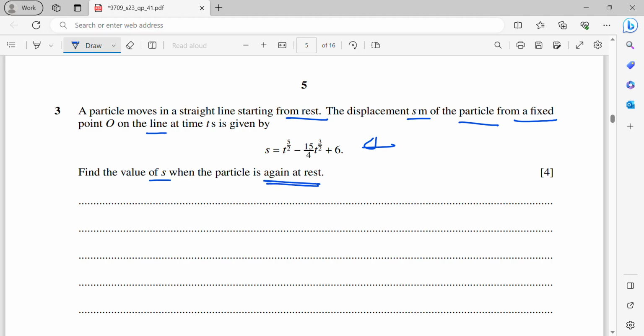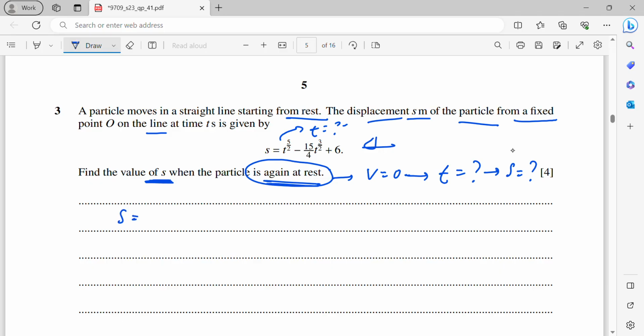So you should understand that when it is at rest again, this means the velocity will be 0. Of course, to find the s, you need to know the t because your s depends on t. So we are expected to get the t when the v equals 0. So from here, you need to get the t, and then after you found the t, you find the s. These are the procedures to solve this question.